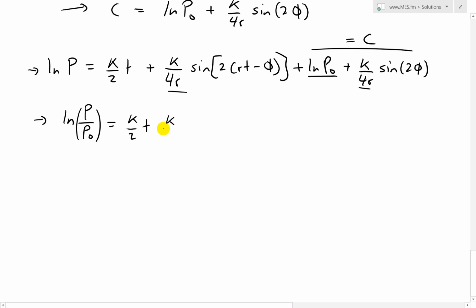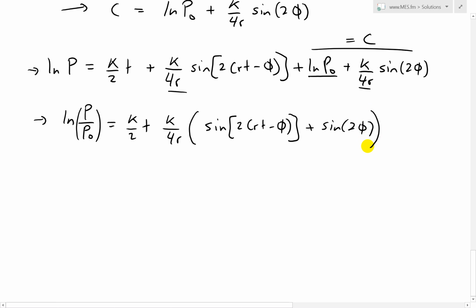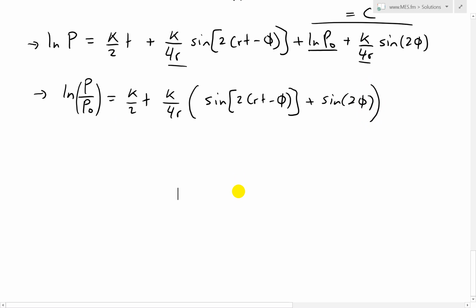So we get this k over 4r, and then sine 2rt minus phi plus, and then we factor that out, sine 2 phi, like that. So now we could take both of these and make them a power of e to get rid of this ln.